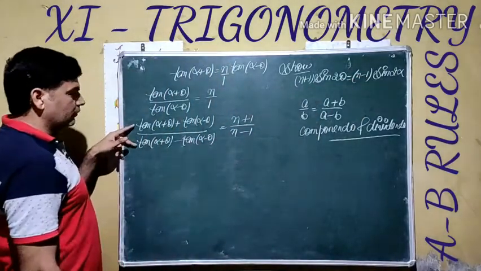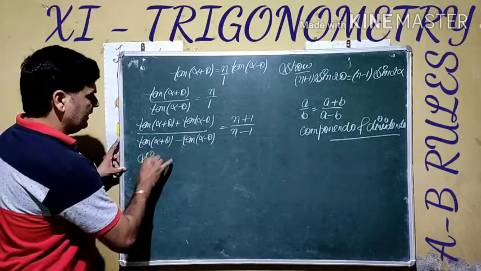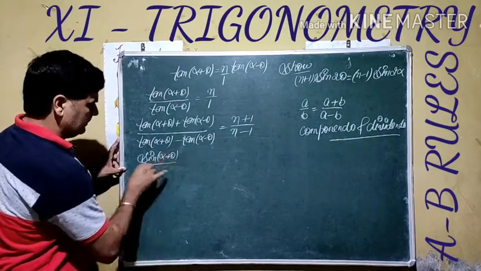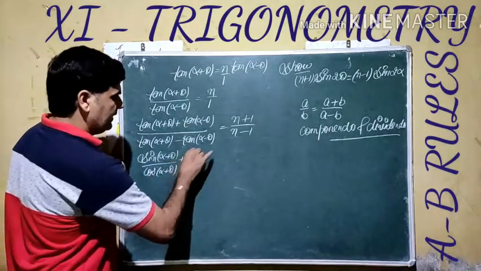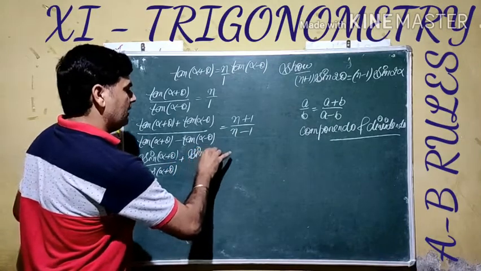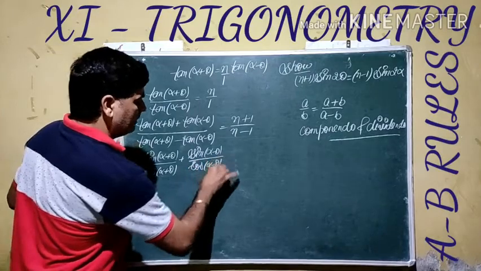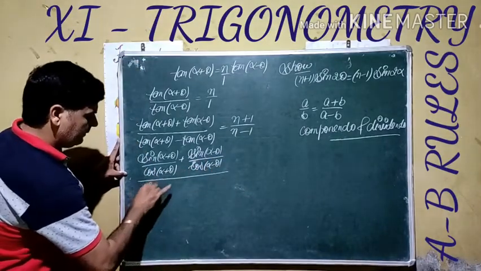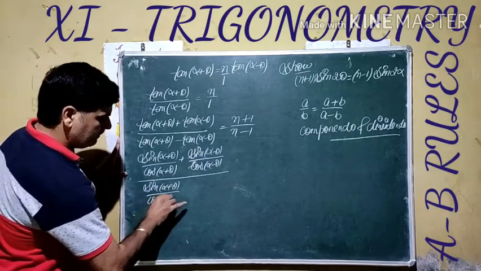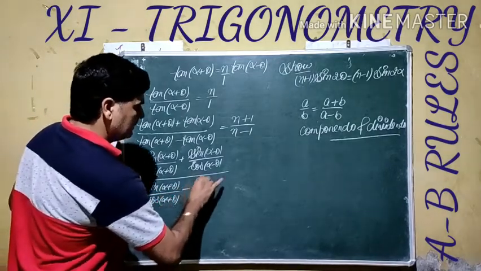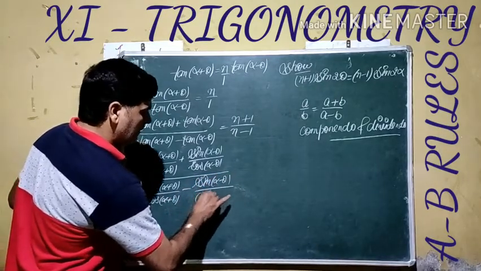Now we need the result of tangent in terms of sine. So tangent of an angle can be written as sine by cos. Same here, tan(alpha minus theta) can be written as sine by cos with the angle alpha minus theta. Same for the denominator: sine of alpha plus theta divided by cos of alpha plus theta minus sine of alpha minus theta divided by cos of alpha minus theta.